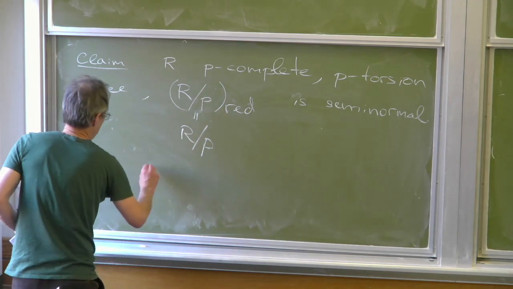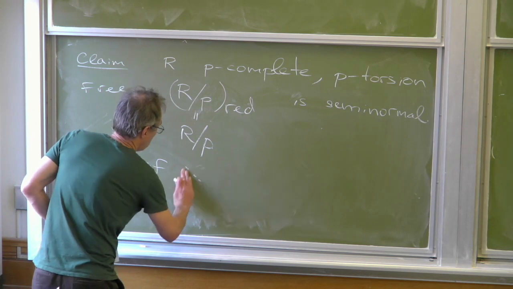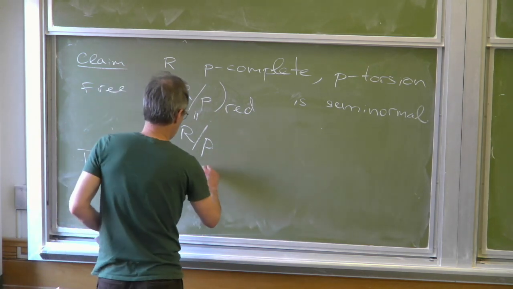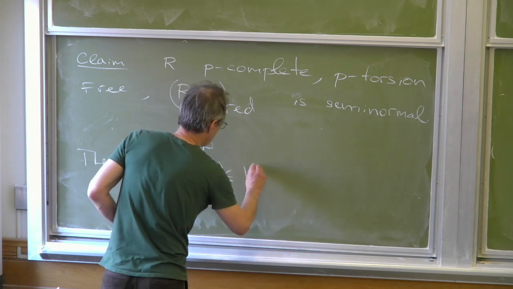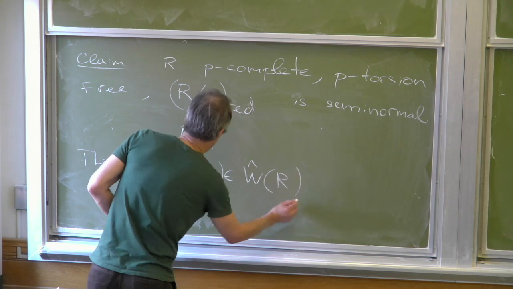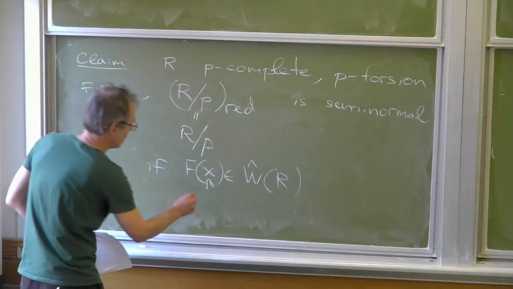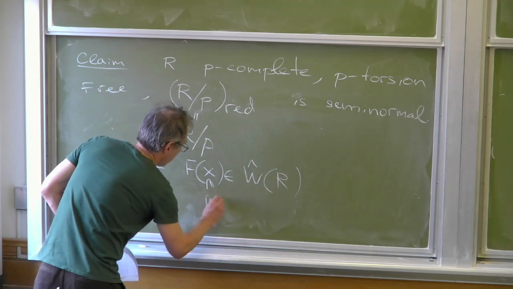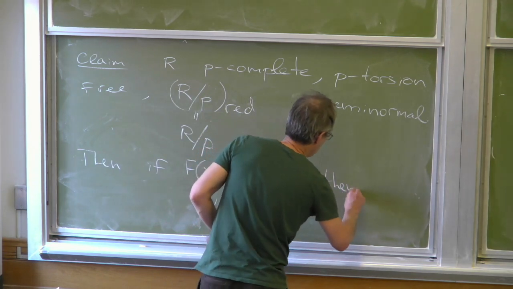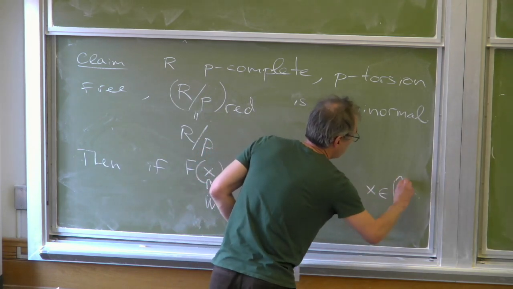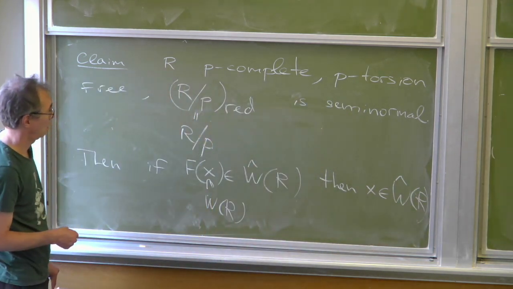Then if x, Frobenius of x, is in W hat, then x is in W. So do you require R mod p to be reduced?